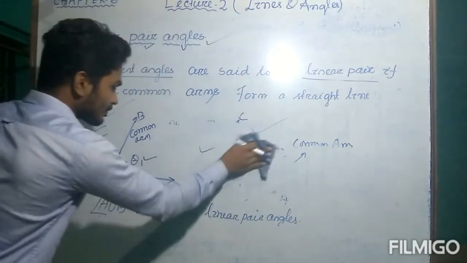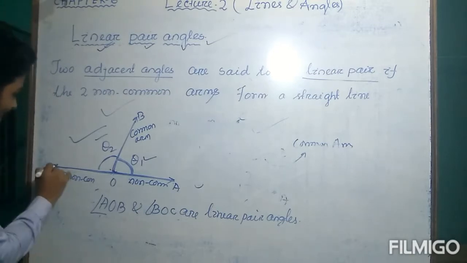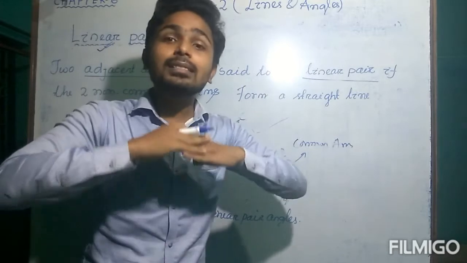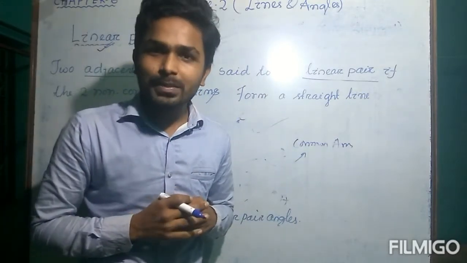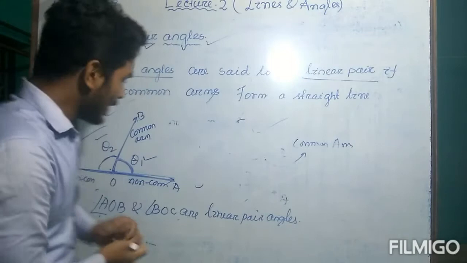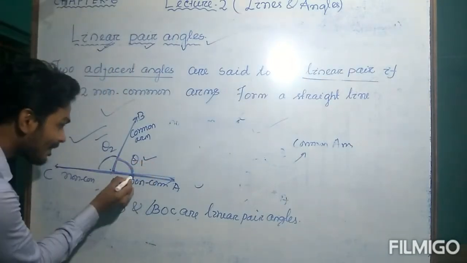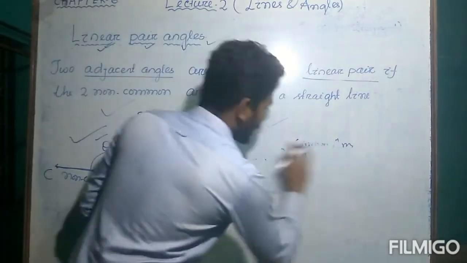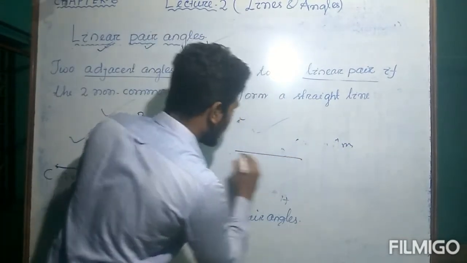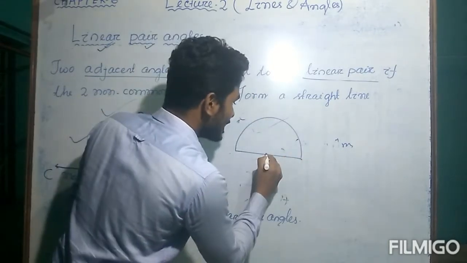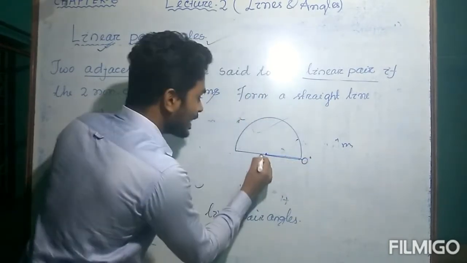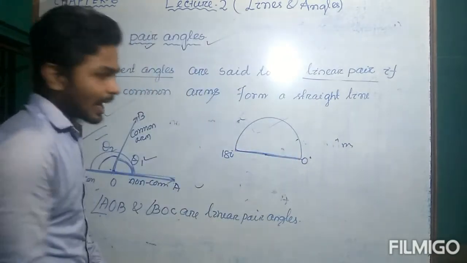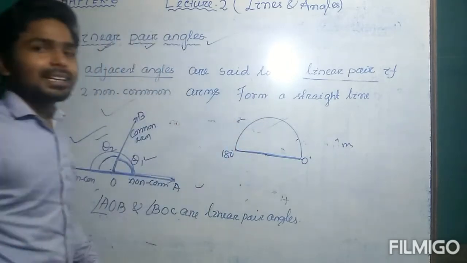Next, as we know, it is a straight line, and we have studied that a straight line is known as a straight angle. Then what is the value of a straight angle? It is 180 degrees. It means the total angle is 180 degrees. See, if you consider a protractor, then you can see this side is 0 degrees and this side is 180 degrees. So it forms a straight line and the angle formed is 180 degrees.